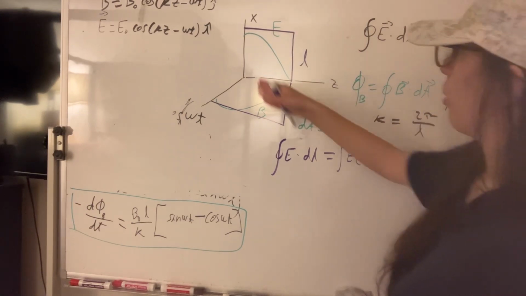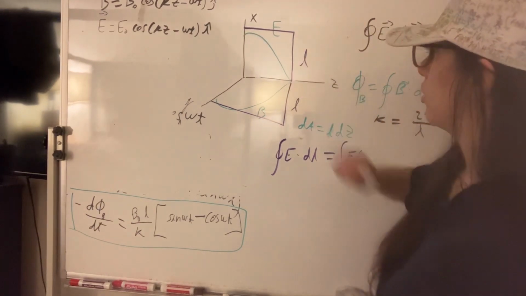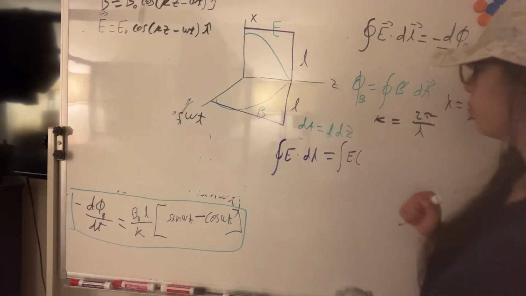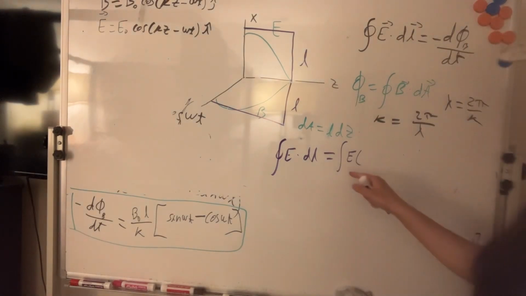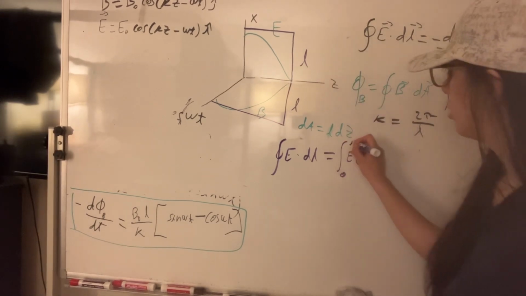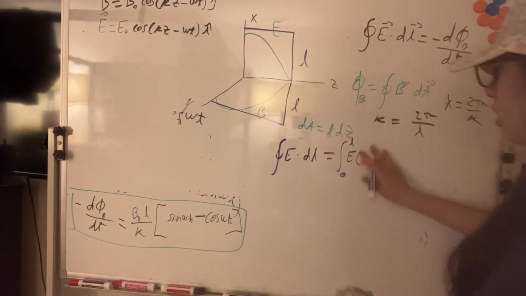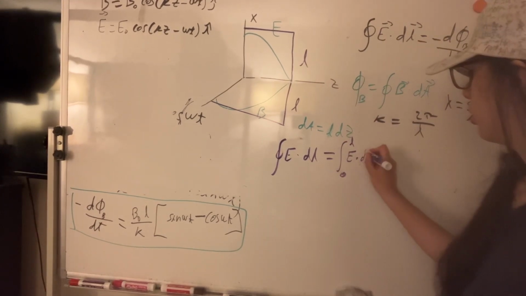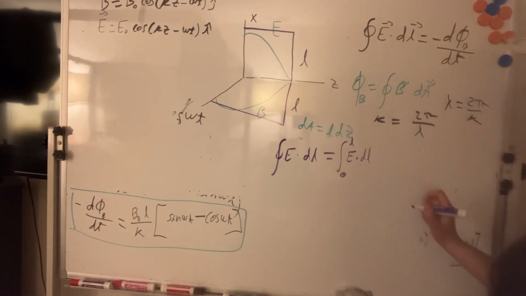So we only care about this part and this part of the closed loop. So we just need to integrate from 0 to L of E dot dl.